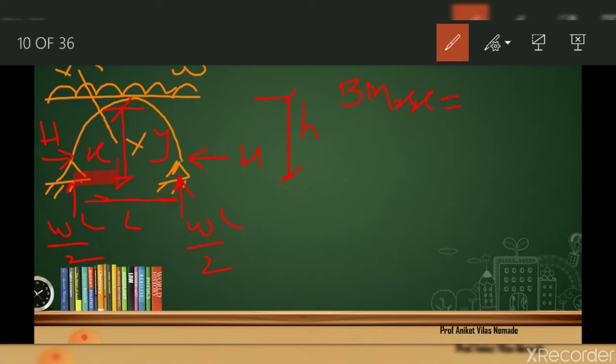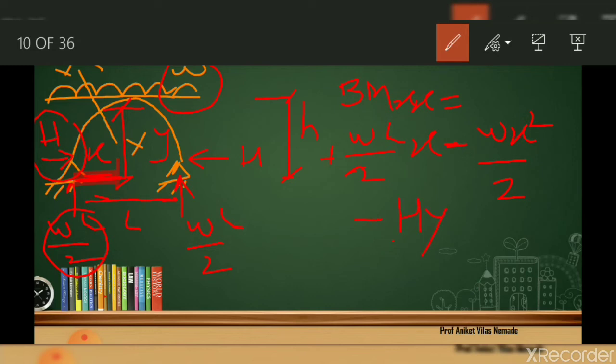Then we get WL by 2 into x, and this bending moment produces a sagging bending moment, so it is plus. Then for the load W, minus Wx square by 2 about this section XX, it produces a hogging bending moment, that's why it is minus. And this horizontal force times y, Hy, again produces a hogging bending moment about section XX.